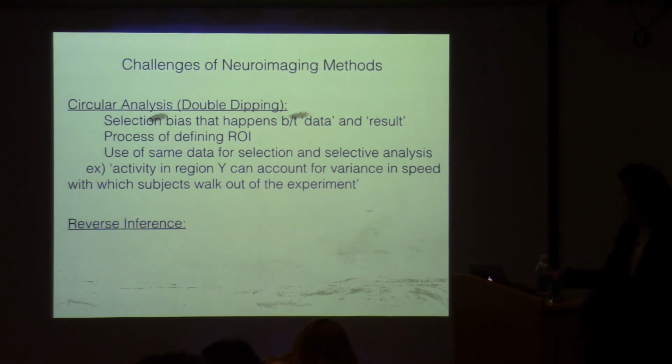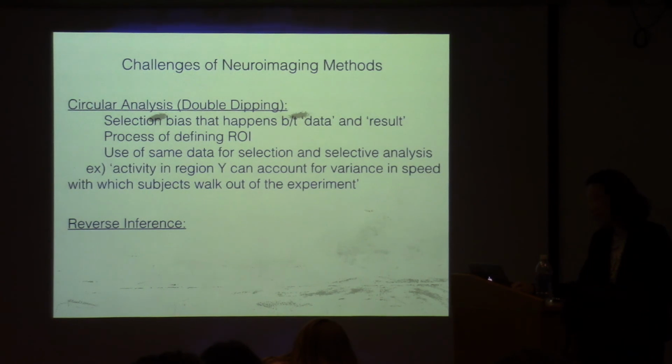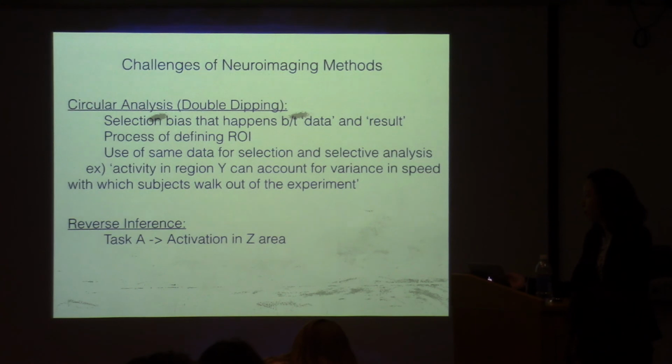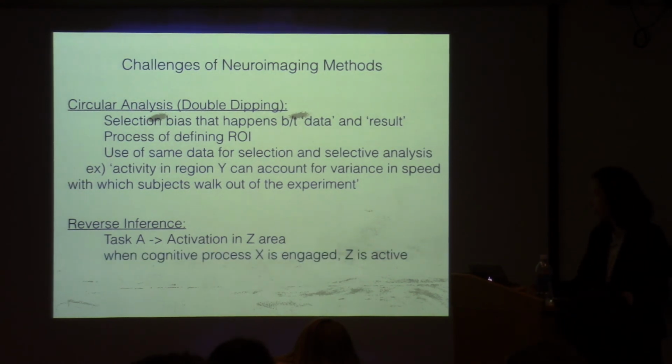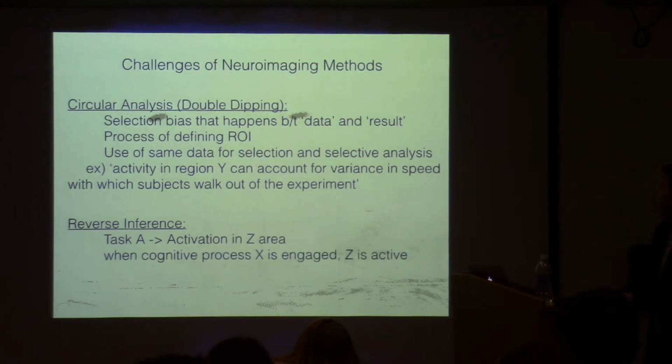Another thing to think about when looking at the results using fMRI is reverse inference. It follows the logic of: let's say task A activates cortical area Z. And we know from previous studies that when cognitive process X is engaged, Z is active.